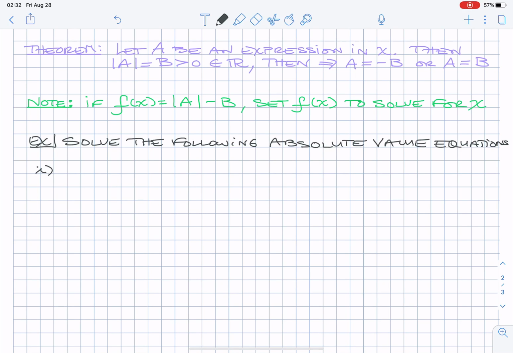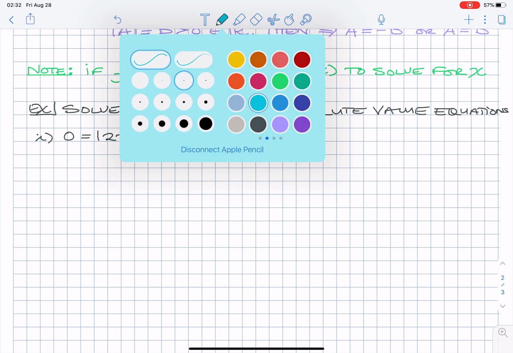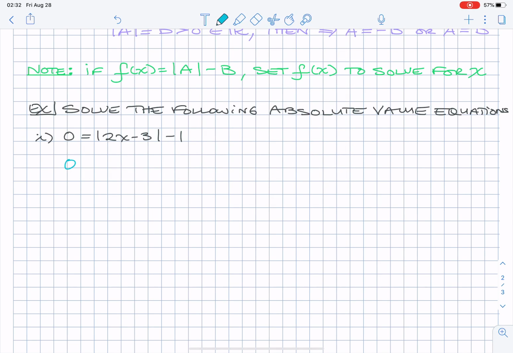So number 1, let's say we have that 0 is equal to the absolute value of 2x minus 3 minus 1. Okay, so that's our function. So we have 0 is equal to absolute value of 2x minus 3 minus 1.